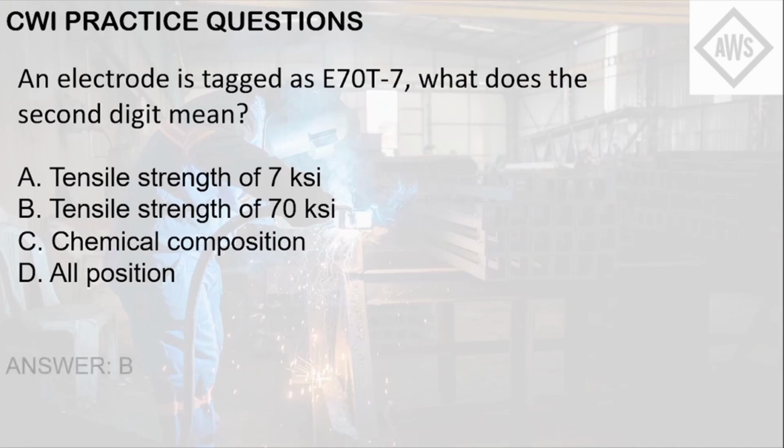So the answer here is letter B. Don't be confused with the tagging for FCAW, as it is slightly different from the naming of GMAW and SMAW electrodes. I have a video for the SMAW electrode naming that you can also see in this playlist or in this channel.